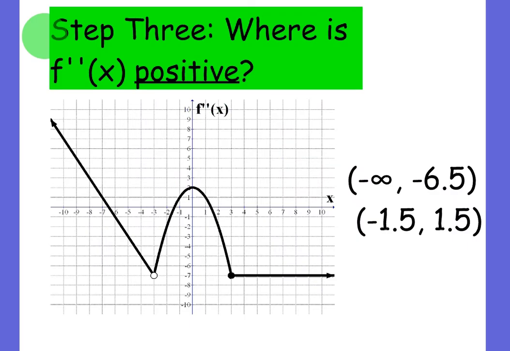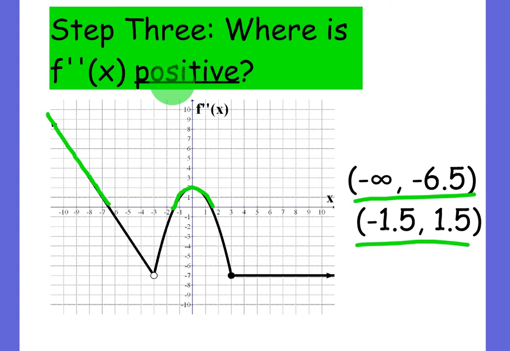In the same way, we want to figure out where f double prime is positive. So from negative 1.5 to 1.5. And I must have forgotten one more. From negative infinity to negative 6.5.